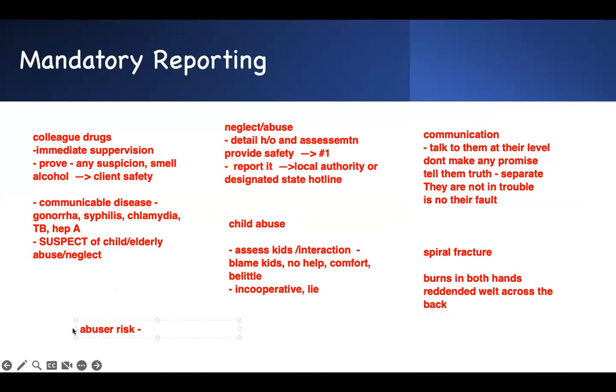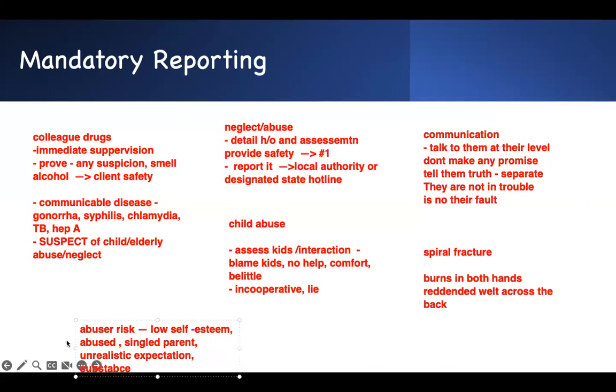So who is likely to abuse people? Low self-esteem. No brainer, right? They may have been abused before. Single parents sometimes can do that. They may have unrealistic expectations, and that can lead to abuse. Those are key stuff. Substance abuse.